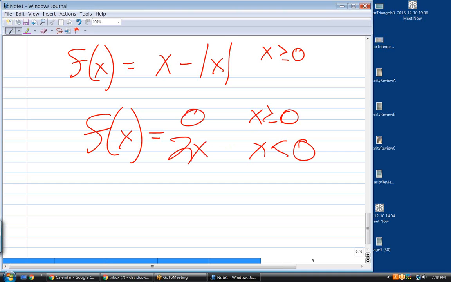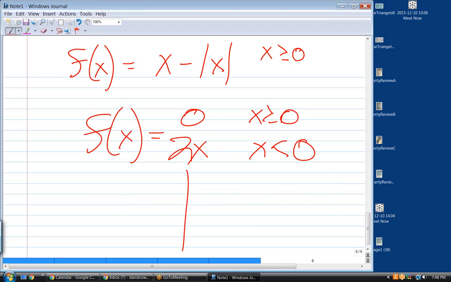If x were negative, let's say x were negative 4, I would have negative 4 minus 4, which would be minus 8, which would be 2x. Yeah. So this is what we have to graph, this piecewise function.